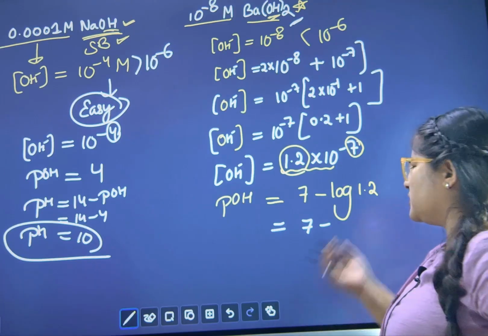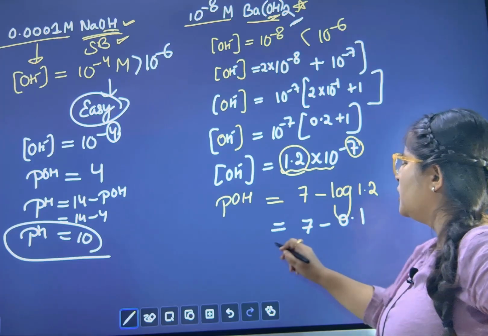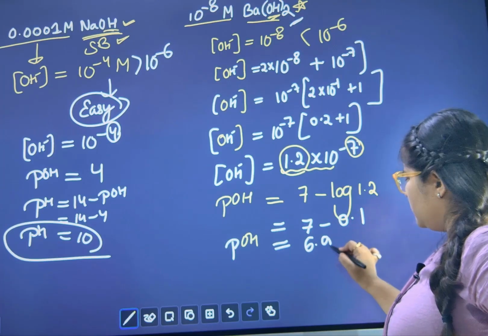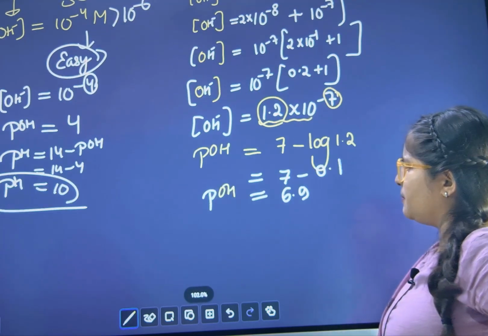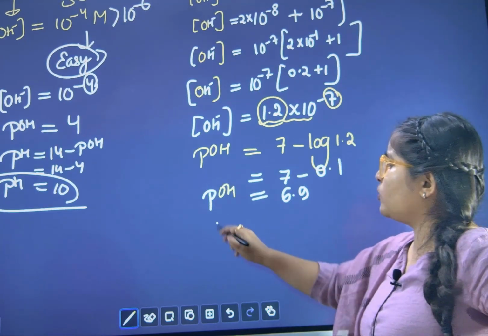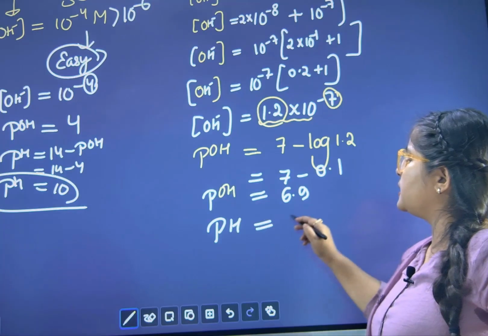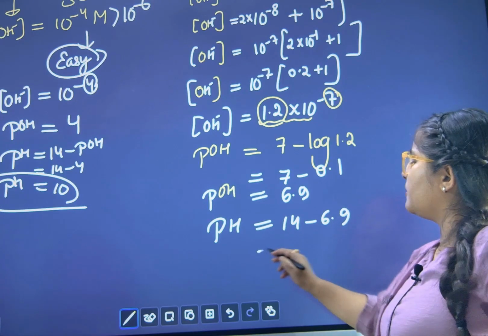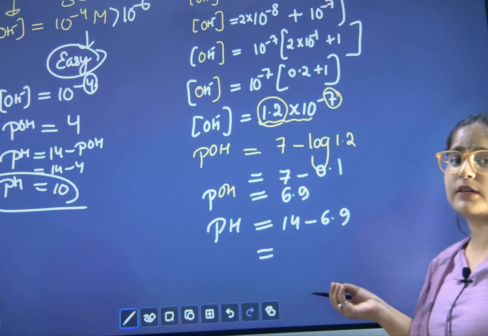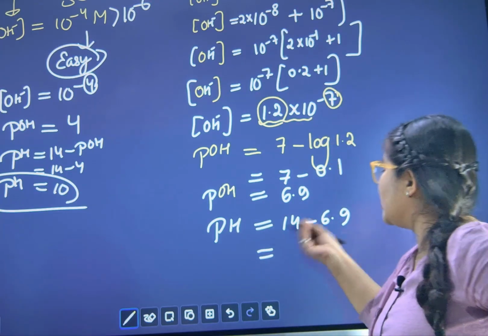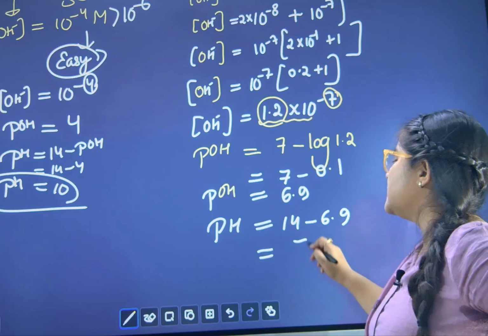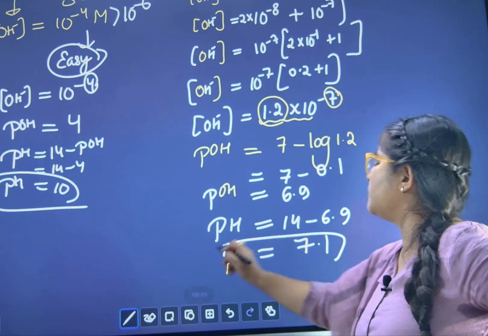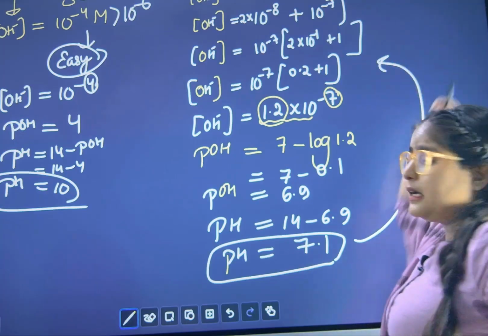Let's say for example I am taking 0.1, so my pOH is coming 6.9. So what will be my pH? My pH will be 14 minus 6.9. How much will it come? Do it fast, quickly. 7.1. Yes, it should come also. Correct, right? Why should it come more than 7? Because we have taken a base.